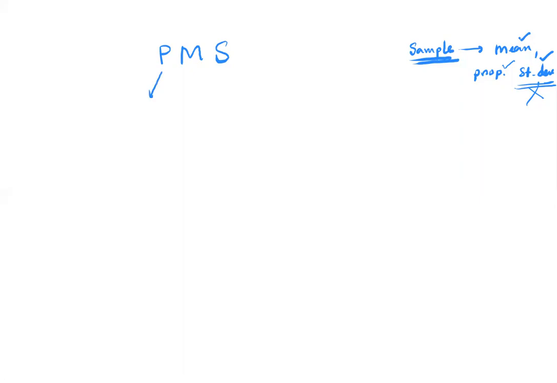P stands for proportion. M stands for mean. And S stands for standard deviation. So she came up with this acronym PMS: proportion, mean, and standard deviation.